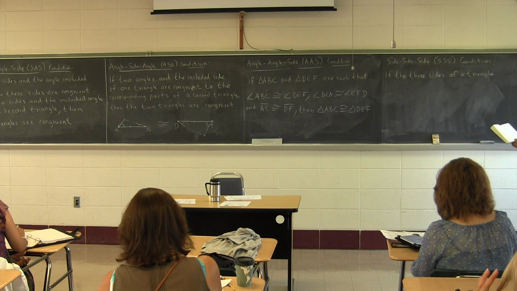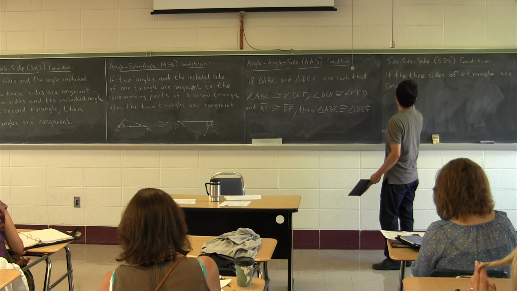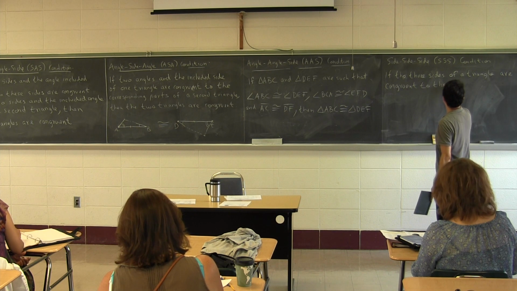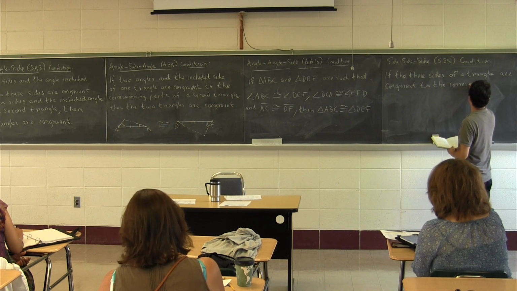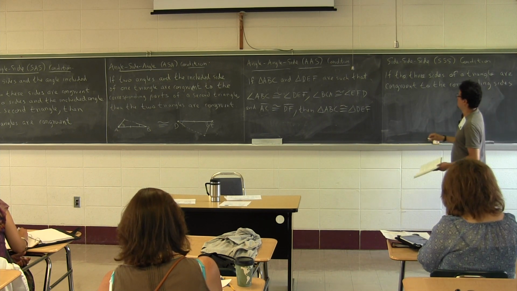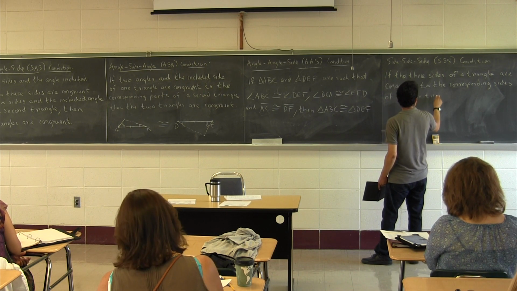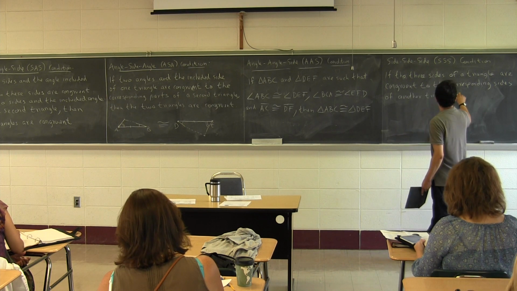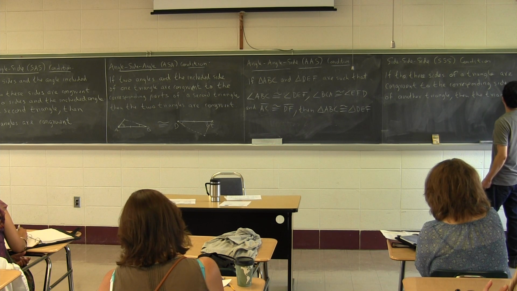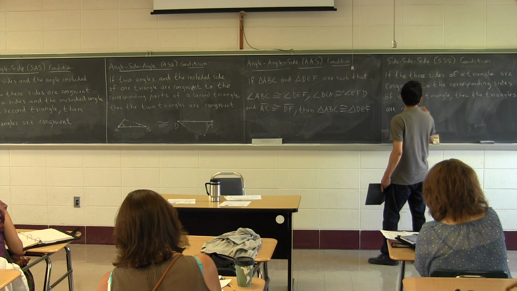So if the three sides of a triangle are congruent to the corresponding sides of another triangle, then the triangles are congruent.